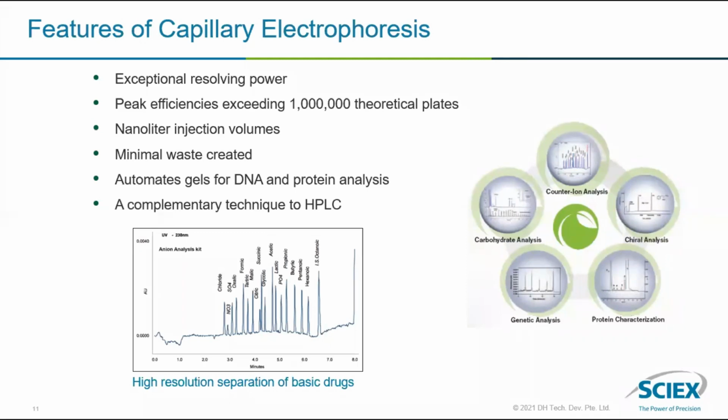The second most important feature is the requirement of sample for the sample injections. Since the diameter of the capillary is very small, we need only some nanoliters of the sample for any kind of CE experiment. The next feature is minimum waste, because the diameter of the capillary is very small and we inject a very small amount of buffer to get the separation in CE applications.